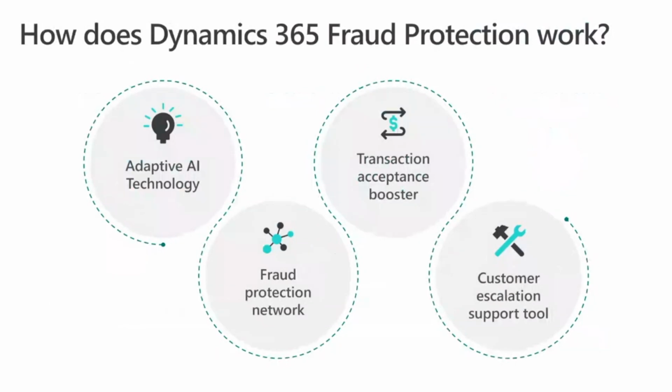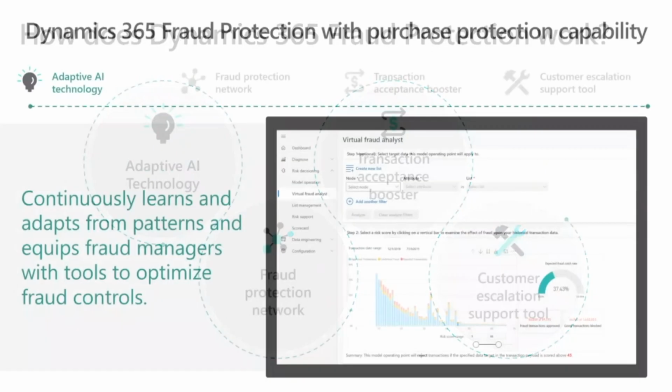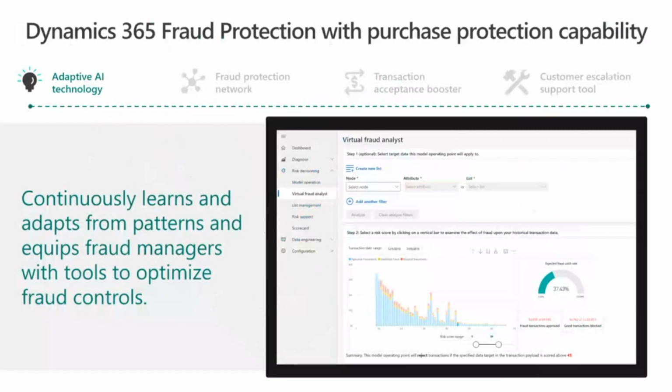How does this thing work? Fraud protection is focused on 4 core pillars of technology, and I will talk about these now. Adaptive AI. This is the USP of this product, unique selling proposition, the core offering. How is this AI special?